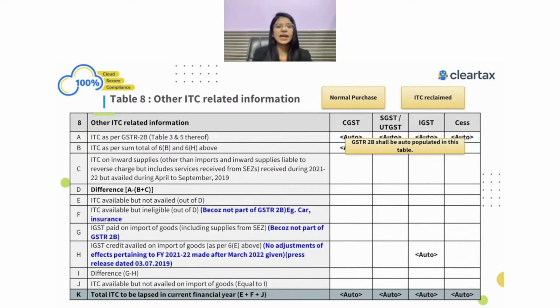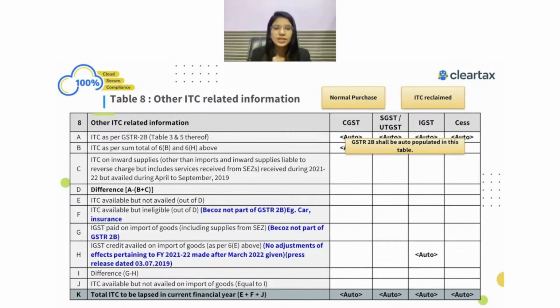Then here, if there is some ITC which is coming in 2B but which is ineligible, for example personal consumption and all, then you can show it over here in 8F as ITC which is ineligible. And let's say there was some ITC reflecting in 2B, but you have not claimed it. Though it's always good that you claim it now, still if you have not claimed it, it is a kind of lapsed ITC.